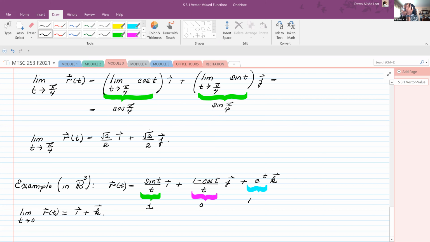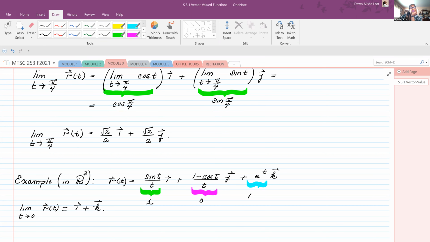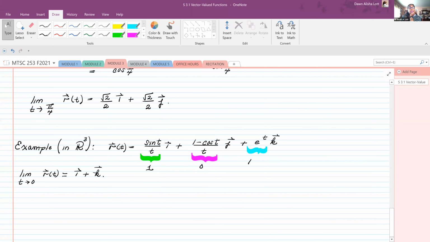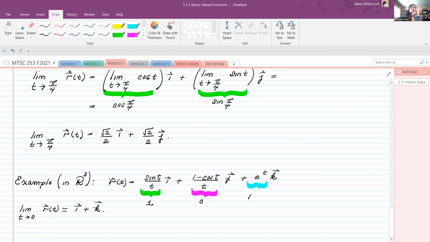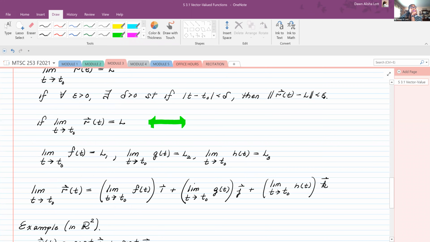And then I did direct substitution. Now on this second one, you have to use L'Hopital's rule to find the answer for f and g, but you can still find the limit. Okay, so that's how you find the limit.